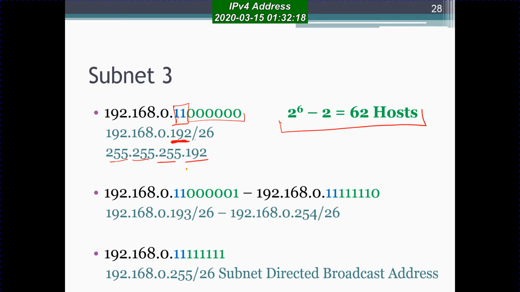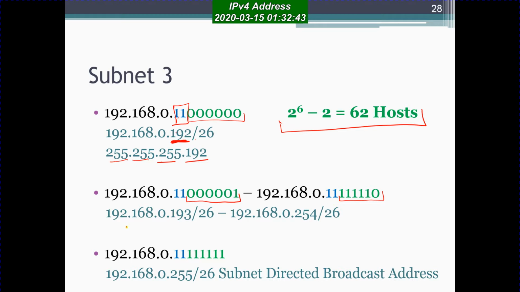Now the next step consists of identifying the range for subnet 3. So we start with 192, add to it the minimum value that we can have in the host address field, and also we start with the same thing, 192 plus the maximum value that we can have in the host address field, to generate the last IP address.